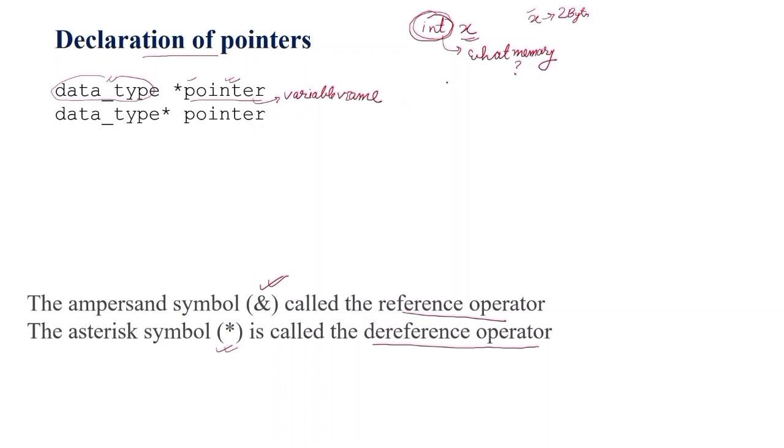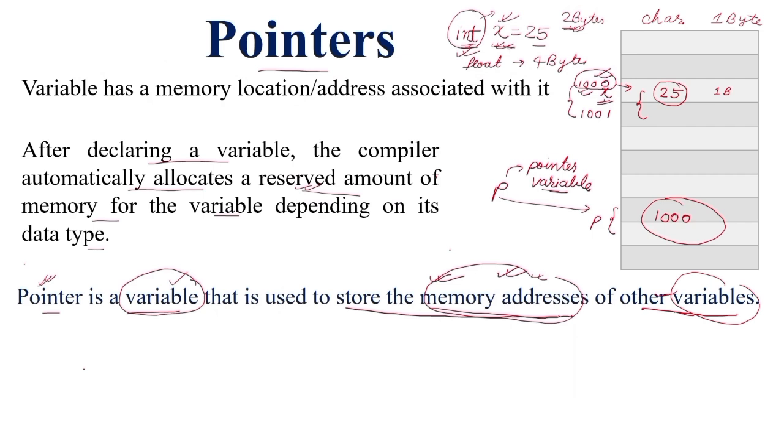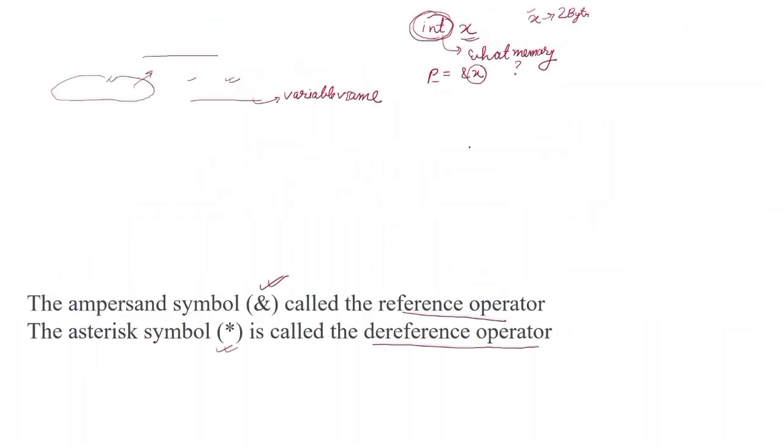This data type tells the data type of the variable. Suppose p is equal to address of x. So this address is stored in p. In the earlier example, we saw that the address of x, that is 1000, is stored in p.